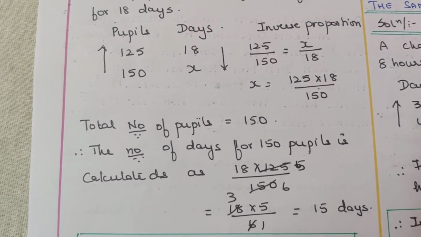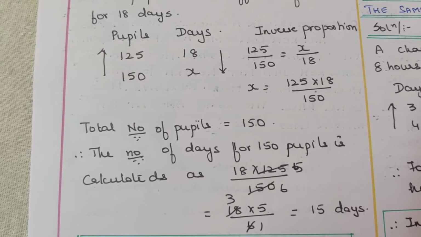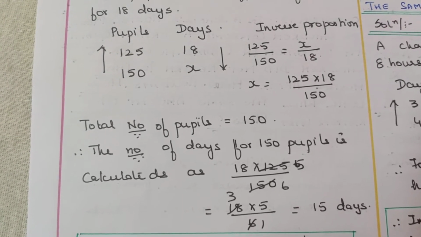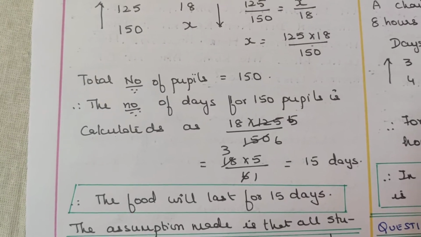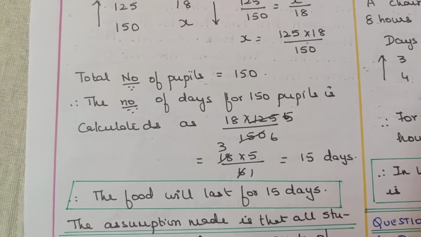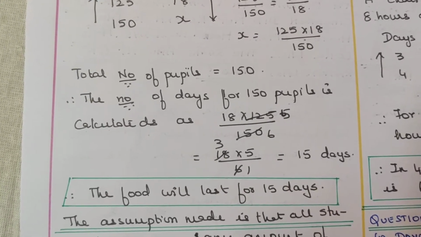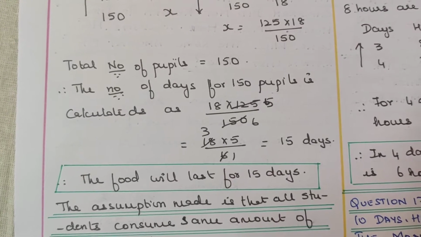Therefore, X is equal to 125 into 18 by 150. We reciprocate because one item increases and the other item decreases. The total number of people is equal to 150. The number of days for 150 people is calculated as 18 into 125 by 150, that is equal to 18 into 5 by 6, that is equal to 15 days.